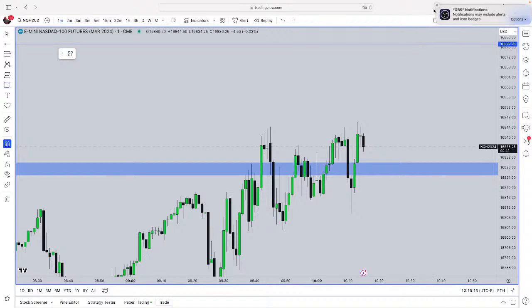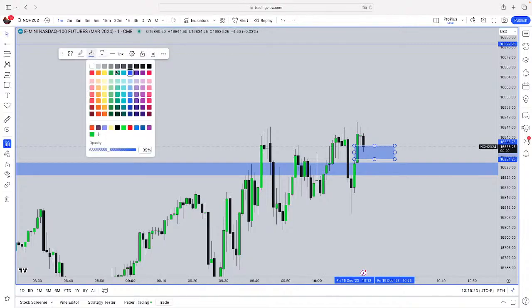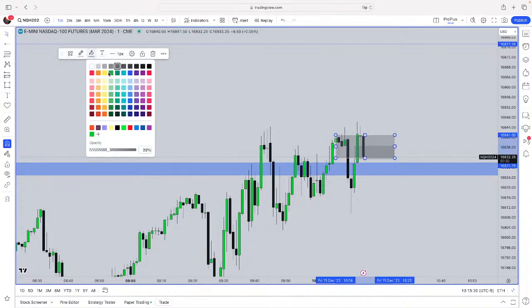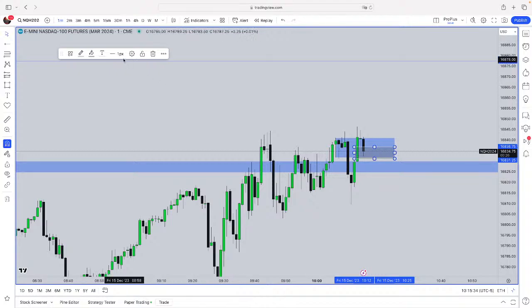The gap. And then breaker. Let's see how it reacts. Make it darker.